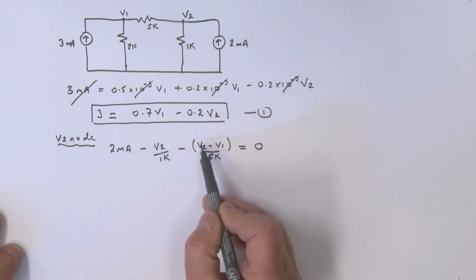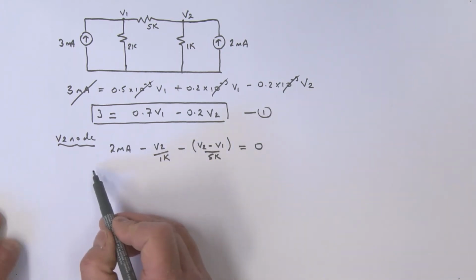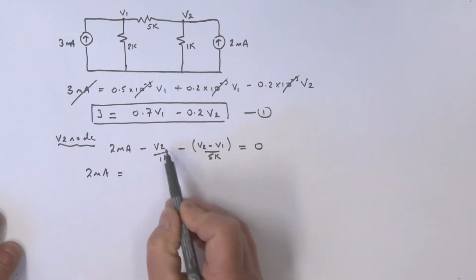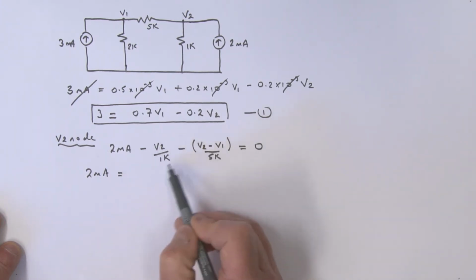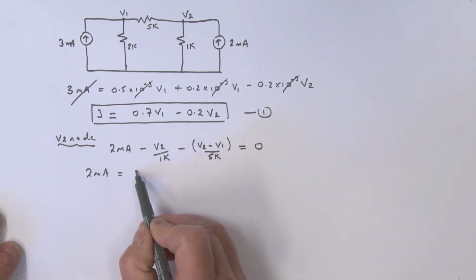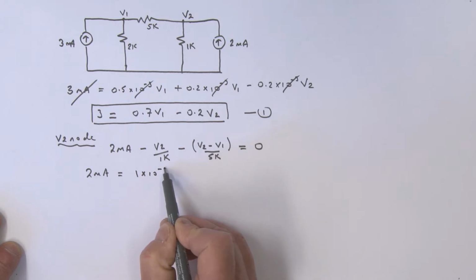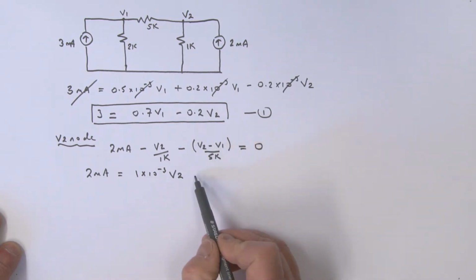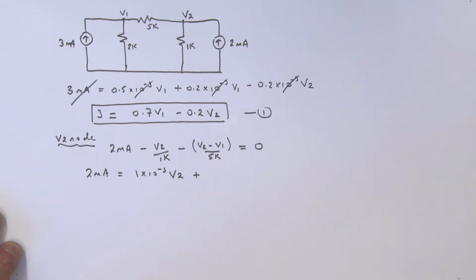So we've got, take these two to the other side, and I have 2 milliamps is equal to, well, why don't I just perform that division, right? So this is really what? That's really a 1 times 10 to the minus 3 V2. This, remember, has gone to the other side, so that's a plus, isn't it?